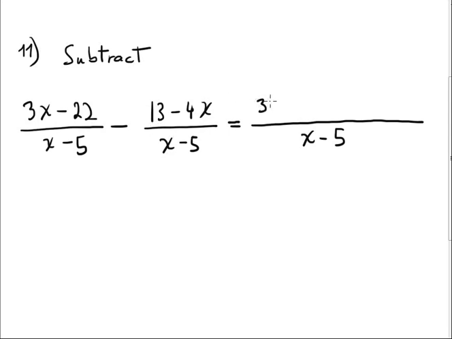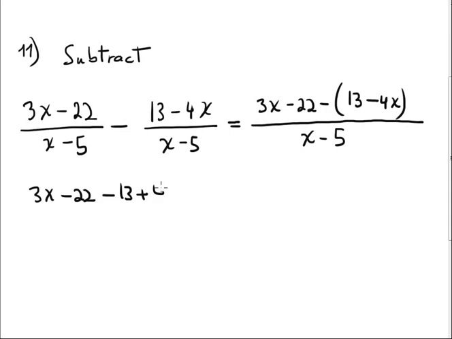So you copy the first identical, and you put minus parentheses. This parenthesis is super important. Minus 13 minus 4x. Okay, now it's 3x minus 22 minus 13 plus 4x over x minus 5.